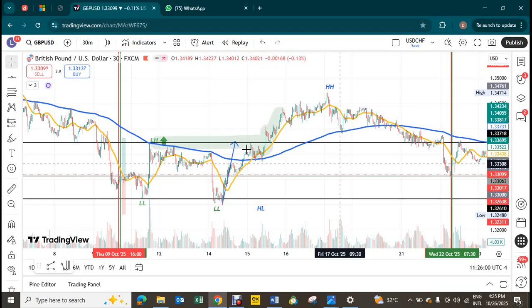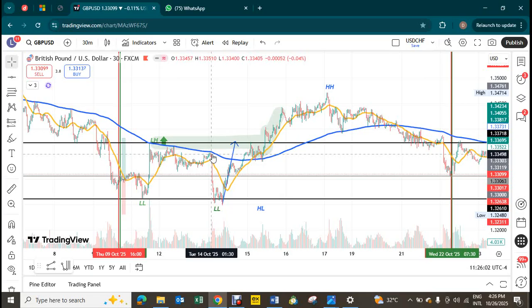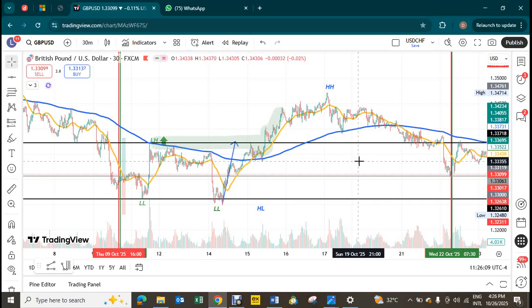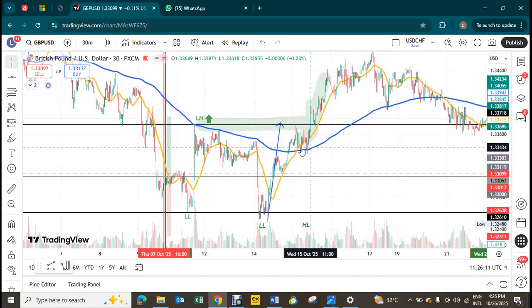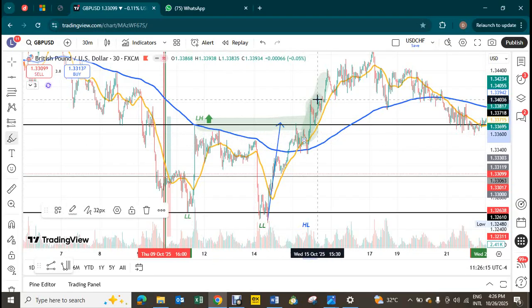When you see price break the previous lower high, it means the market has shifted from going down to going up. That's just what happened here. Price broke this and formed a higher momentum, a bullish momentum, an uptrend market. That's what just happened.